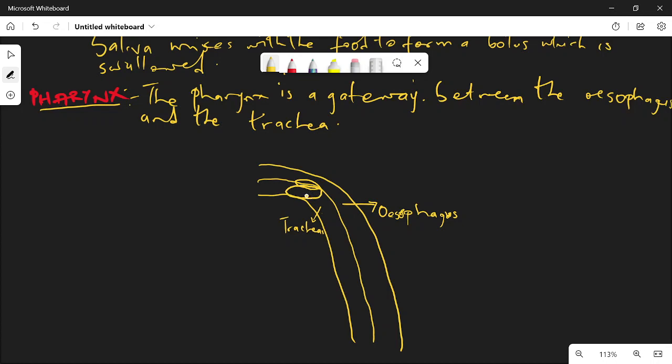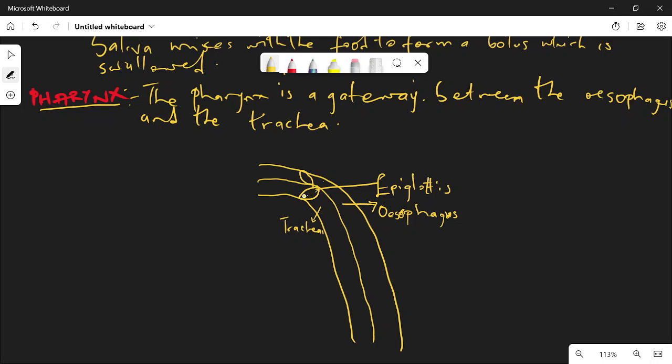Now, if you look at it, the esophagus is open at this point in time, isn't it? This flipper is called the epiglottis. So it has the ability to flip and cover the trachea, or it can also flip and cover the esophagus. Do you understand me now?